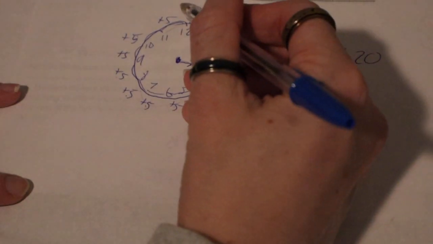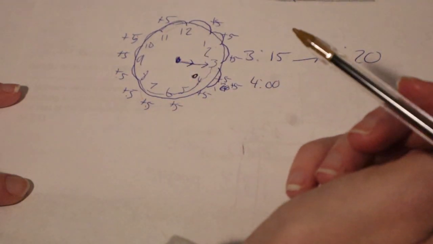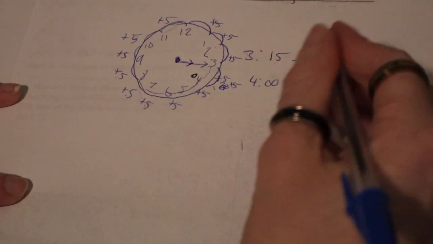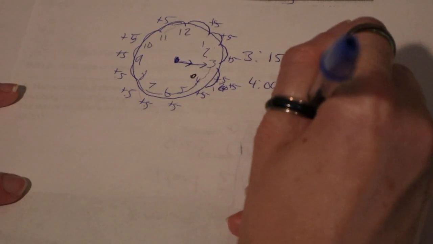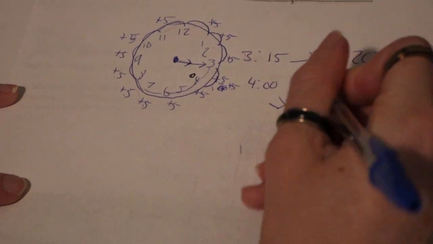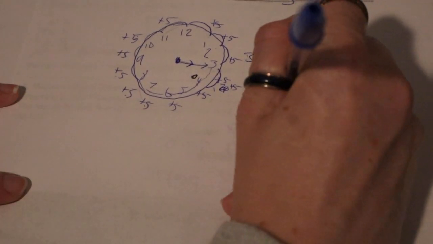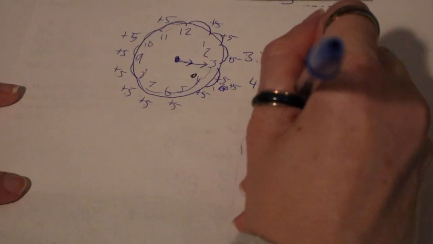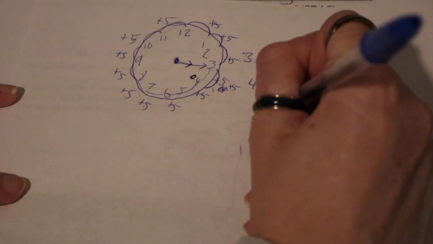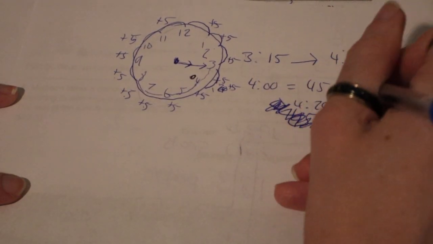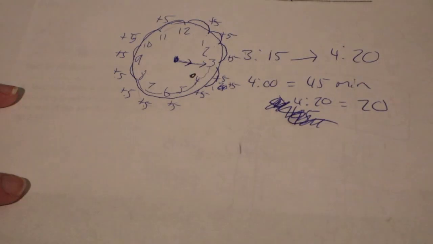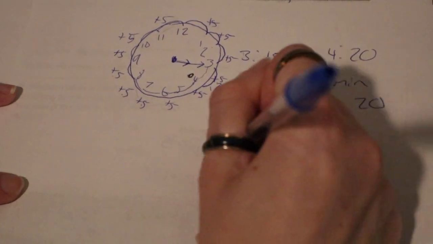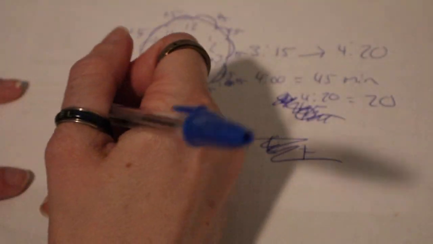So now we had 45 minutes plus 20 minutes. So we had 45 minutes to get to 4 o'clock. 4 o'clock was 45 minutes. Then to get from 4 to 4:20, that's another 20 minutes.